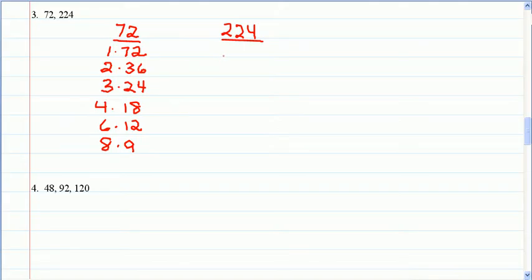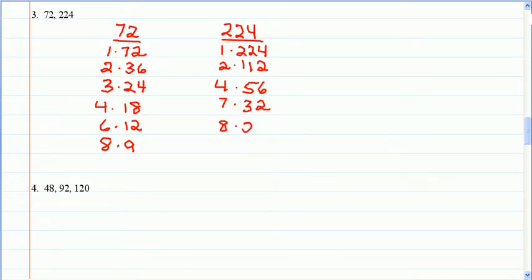And for 224, we have 1 and 224, 2 and 112, 4 and 56, 7 and 32, 8 and 28, and 14 and 16. And the largest number on this list is the number 8.